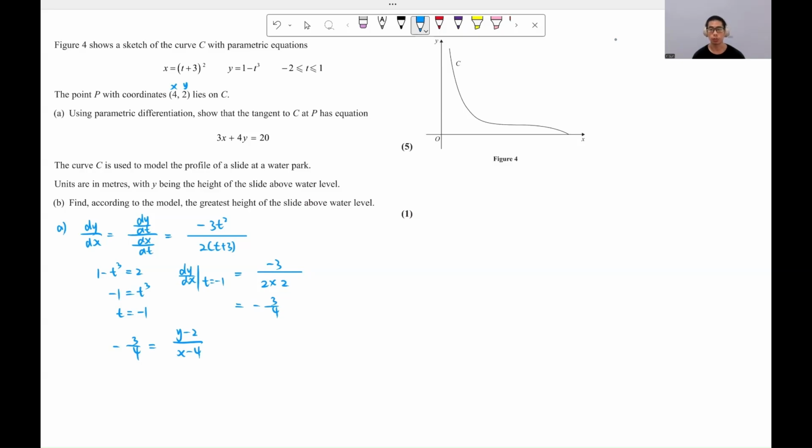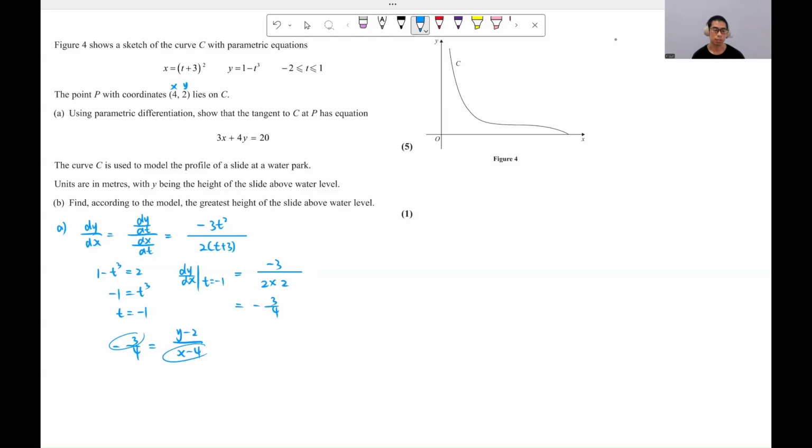But if you want to use the y equals mx plus c method, that's also fine. Or if you want to do the difference of x times gradient equals the difference of y, that's also fine. You can use any method you want. When I write it in this form, I can just cross multiply to make it simpler. I will put the negative on top.